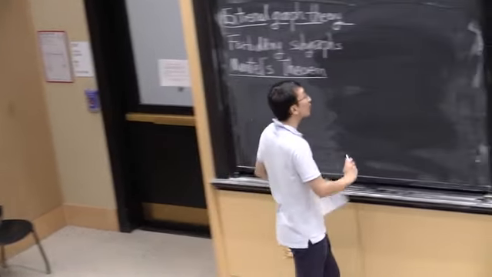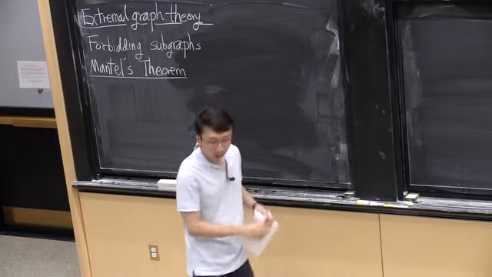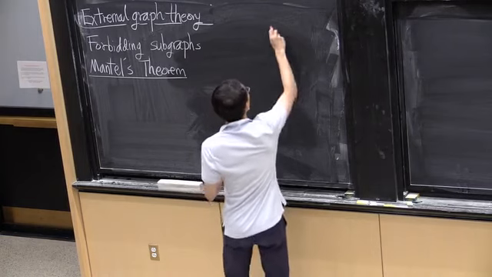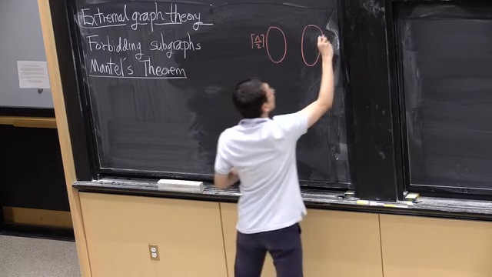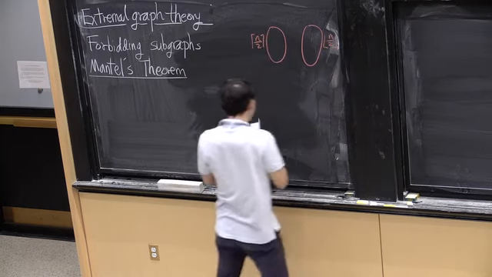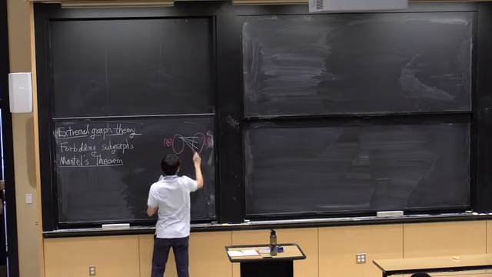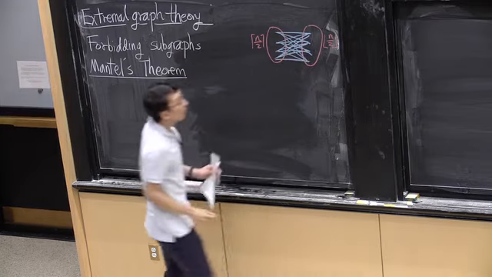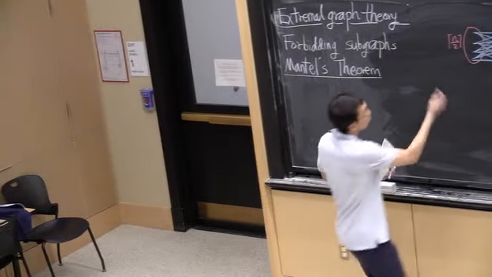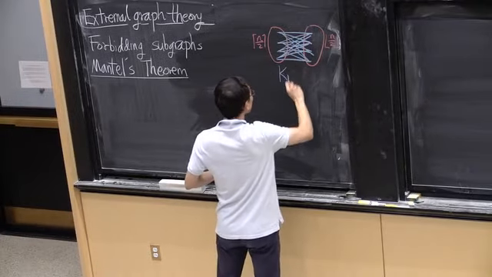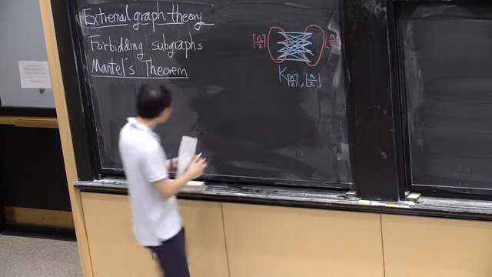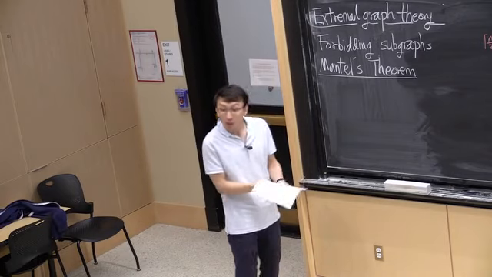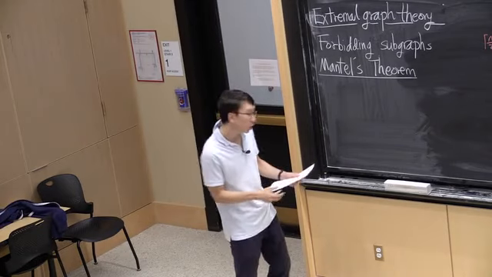Mantel's theorem tells us that the extremal example is when your graph consists of putting half the vertices on one side, half the vertices on the other side, and putting in all the edges between the two sides. Okay, so this is a complete bipartite graph. For these partitions, we denote complete bipartite graphs like that. And Mantel's theorem tells us that this graph among triangle-free graphs has the most number of edges.